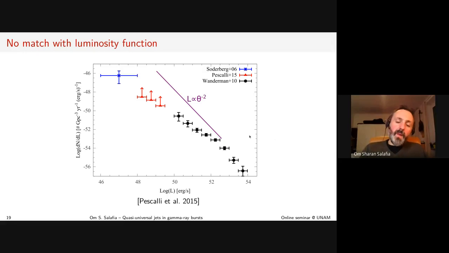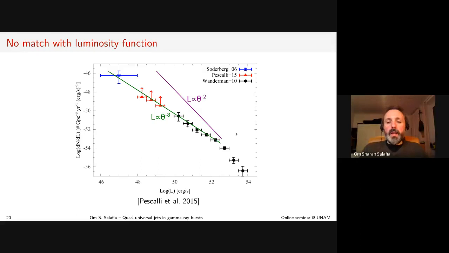But what we found in 2015 in this paper led by my colleague Pescalli is that if we attribute to the jet an angular dependence of the luminosity like theta to the -2, then we don't reproduce the observed luminosity function of long GRBs. To reproduce it, assuming that all jets have the same properties and they are just seen at different viewing angles, you need a much steeper dependence of the luminosity on the viewing angle.